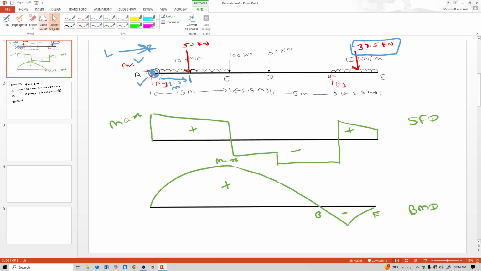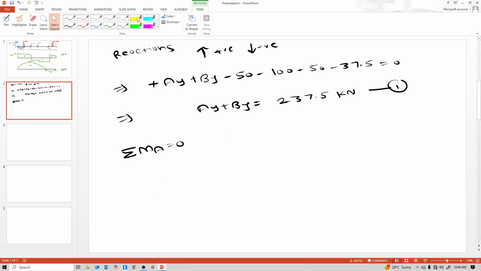So let's calculate this. So this BY comes to 121.25. Now put this BY in AY, in this equation 1.